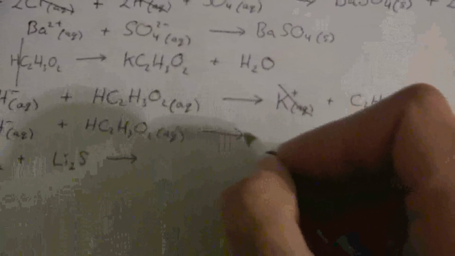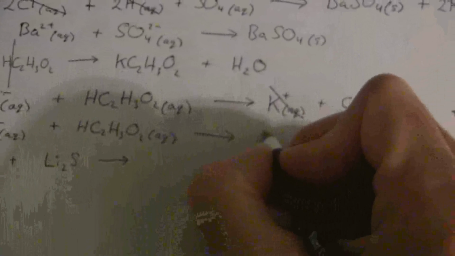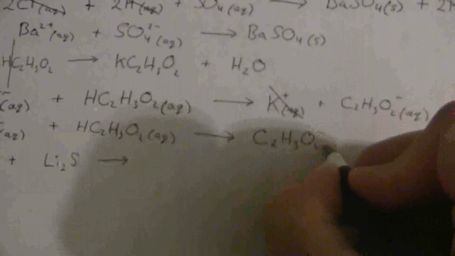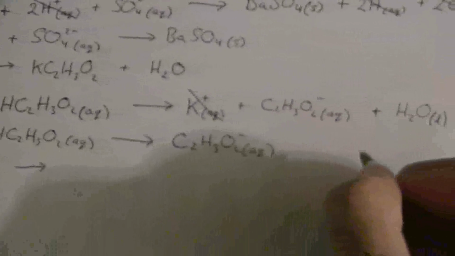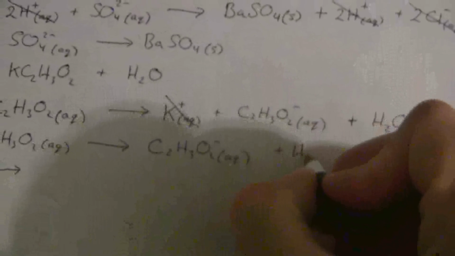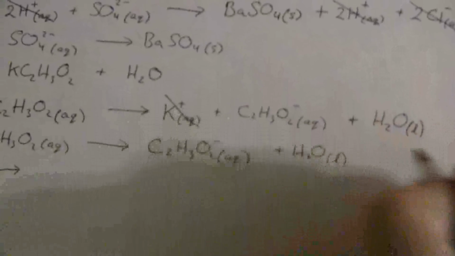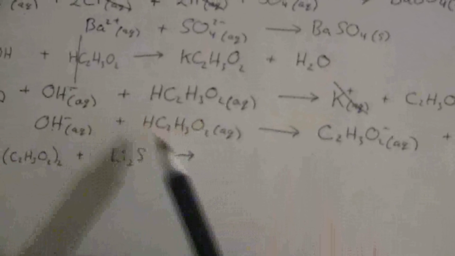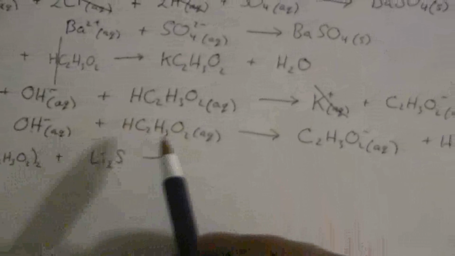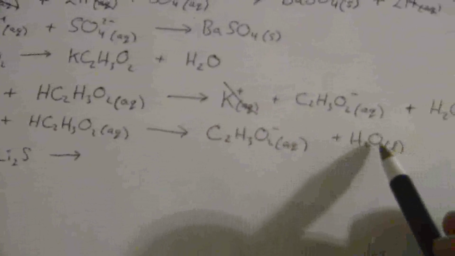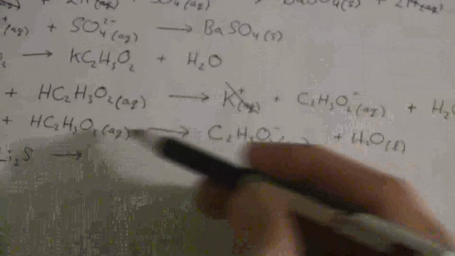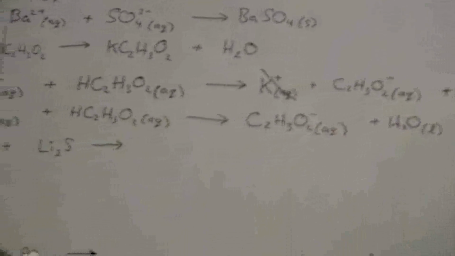Only the potassium ions in this example do not really participate in the reaction here. So what we find is that the hydroxide ions essentially steal away a hydrogen from the acetic acid to form acetate and water. That is the net ionic equation.